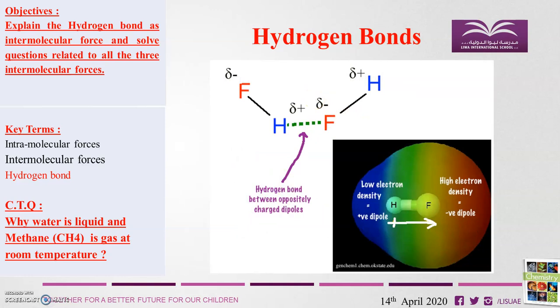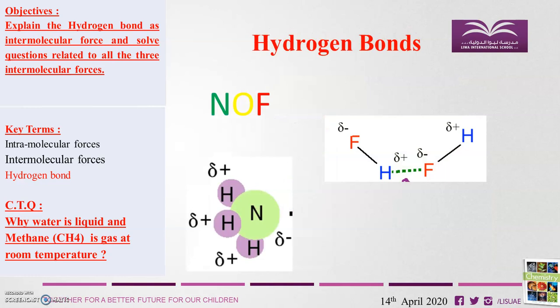As a quick recap, hydrogen bond is the strongest intermolecular force among the three. A hydrogen bond can form only and only if we have hydrogen bonded to nitrogen, oxygen, or fluorine. These are the only elements that can form a hydrogen bond.